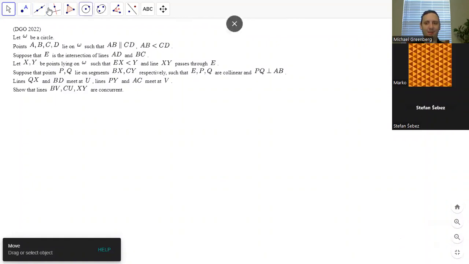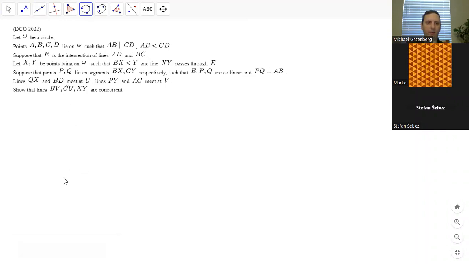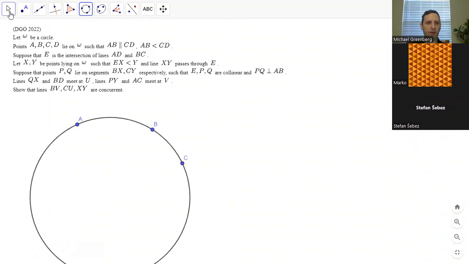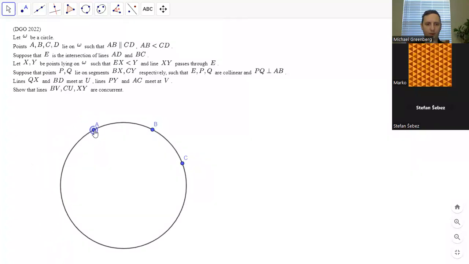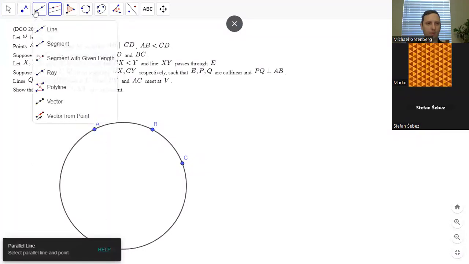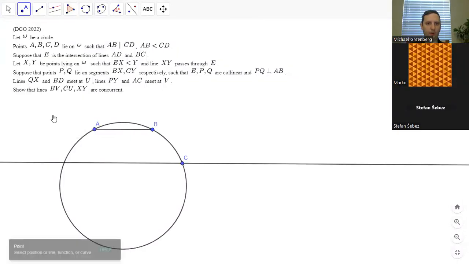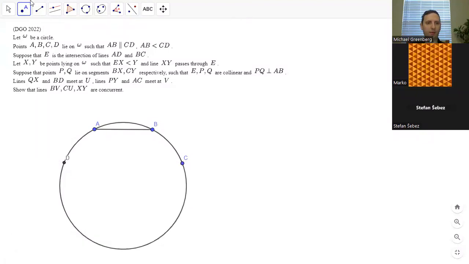All right. So we have a circle and basically an isosceles trapezoid. A, B, C, and then D is just what makes it an isosceles trapezoid. I draw AB and then draw the parallel. So that's point D, and AB is less than CD, we're good there. Suppose E is the intersection of AD and BC.